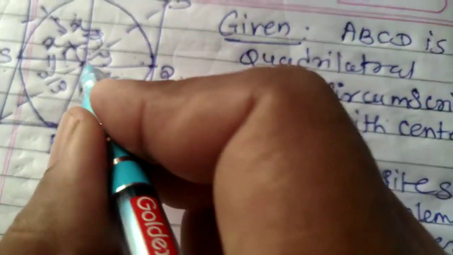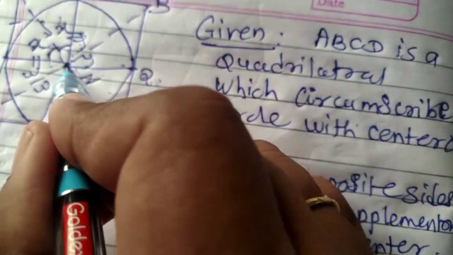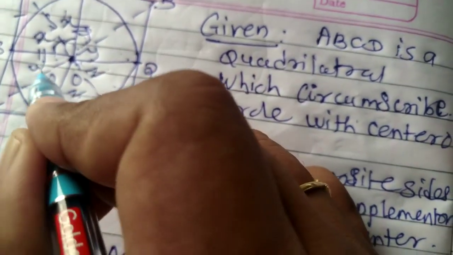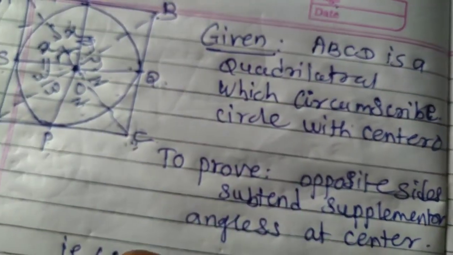Now here the center of the circle is O, and the measure of all angles created at a single point is 360 degrees.